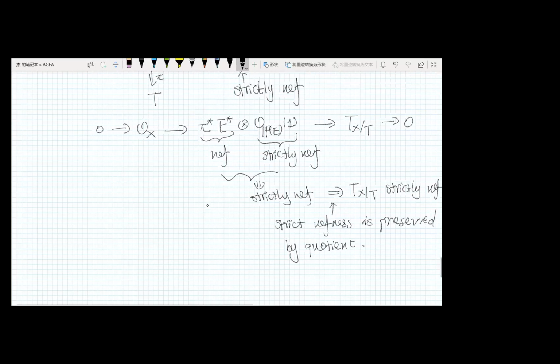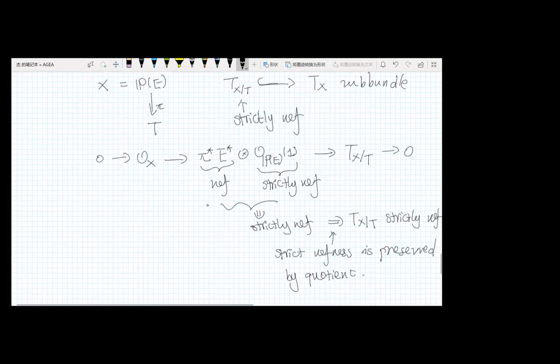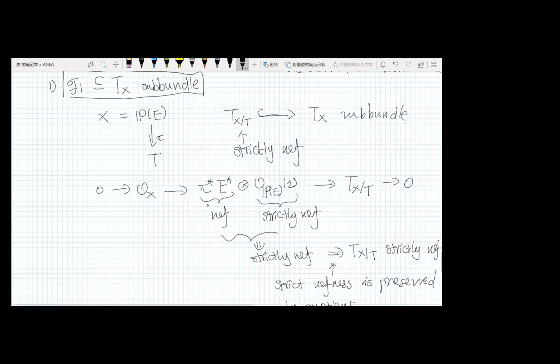Okay, this is our first example where F is a sub-bundle of the projective bundle.